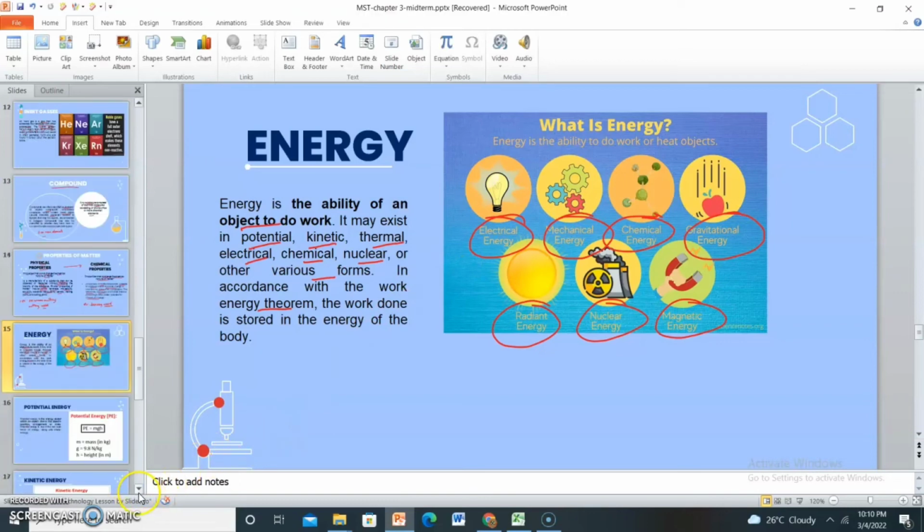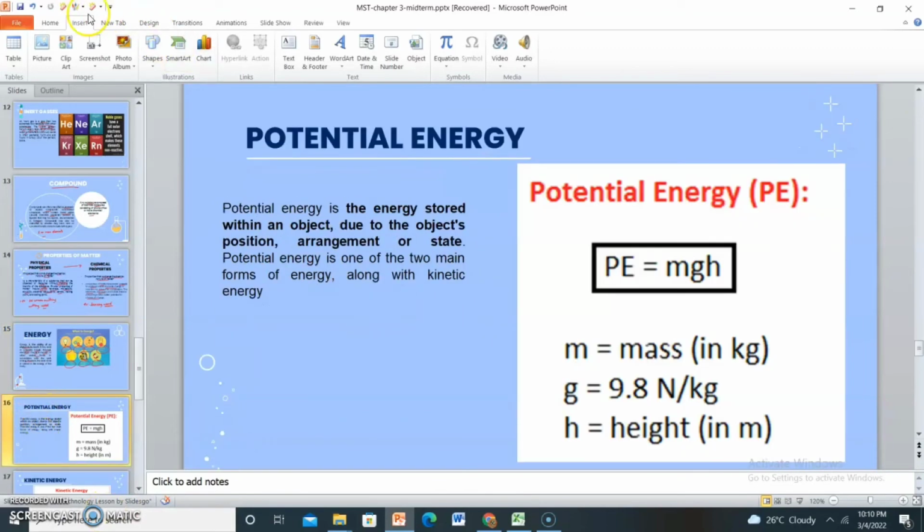Next, under the energy, there is the potential energy. Potential energy is the energy stored within the object due to the object's position, arrangement, or state. Potential energy is one of the two main forms of energy, along with the kinetic energy.